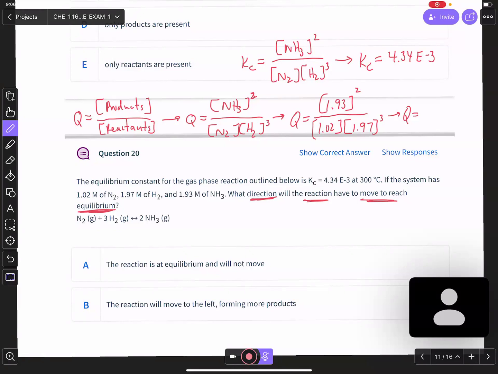All right, and I get a Q, and maybe I made a mistake, but we get the same answer. I get Q equals 4.77, 4.78. All right, so what does that tell us about this reaction?